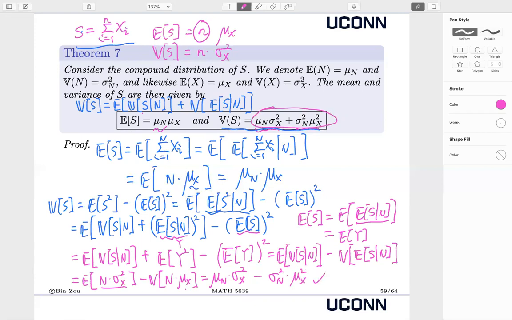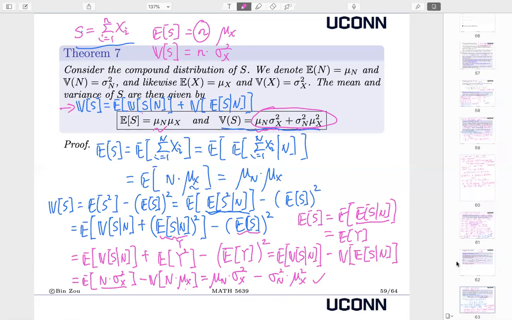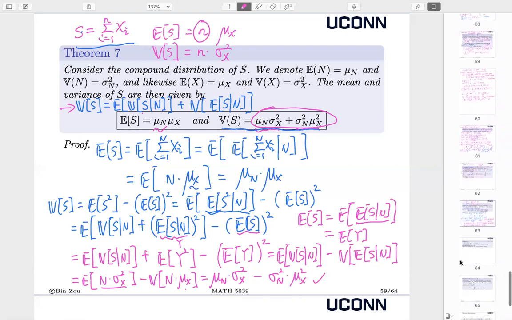So my personal suggestion is remember this. And technically, I just showed you the proof, so it's not entirely impossible to understand the proof. In case you have trouble understanding the proof, remember this symmetrical form. It always works. One special case is when n is Poisson. When n is Poisson, mu n equals sigma n squared equals lambda.